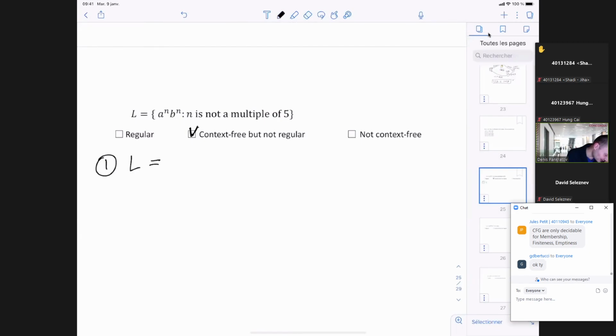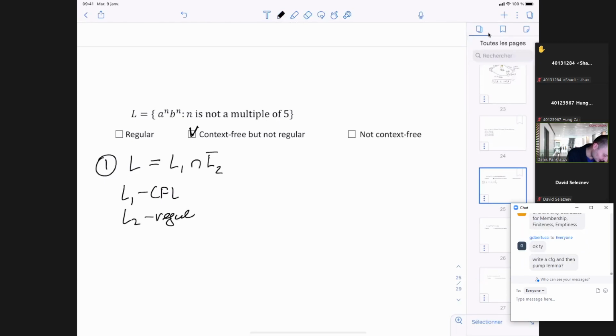So this language I can represent as L1 intersection L2 complement, where L1 is a CFL and L2 is regular. L1, which is a CFL, is a^n b^n, n greater or equal to 0.